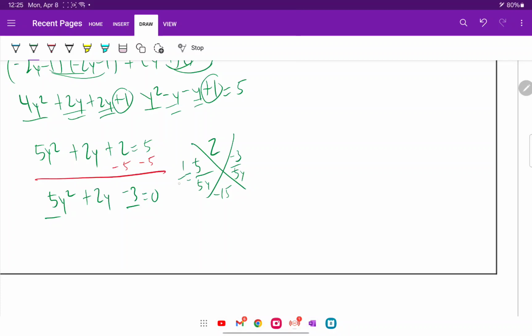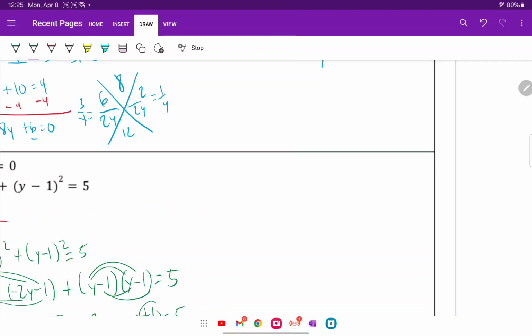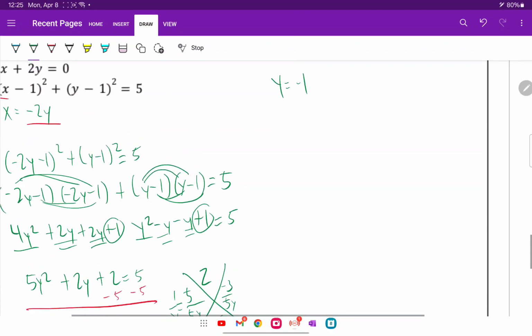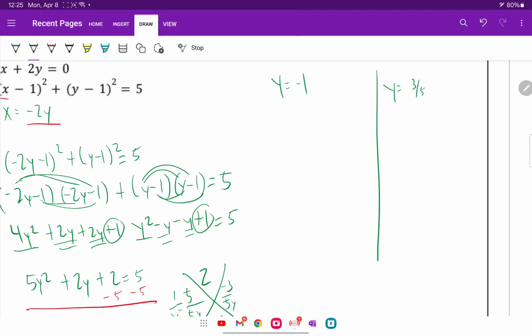So that's going to be y plus 1 and 5y minus 3. If we set these both equal to 0 and solve, we get y equals negative 1. And we get y equals 3/5 when you add the 3 and divide by 5.